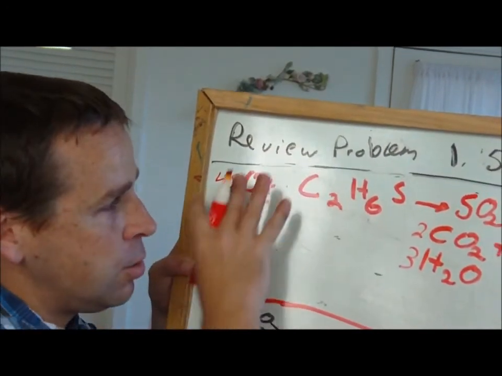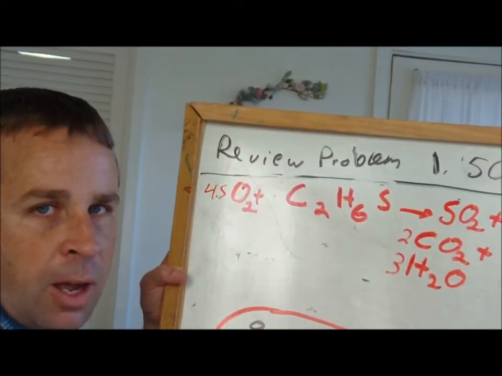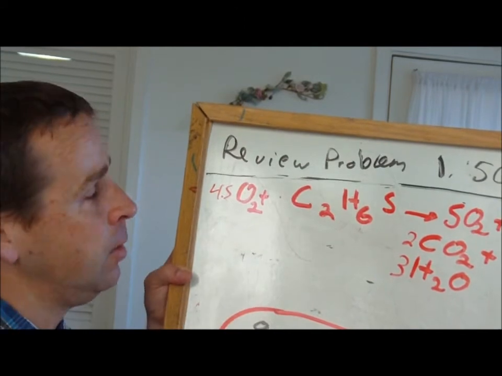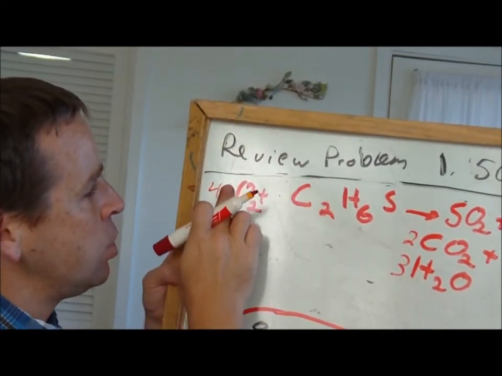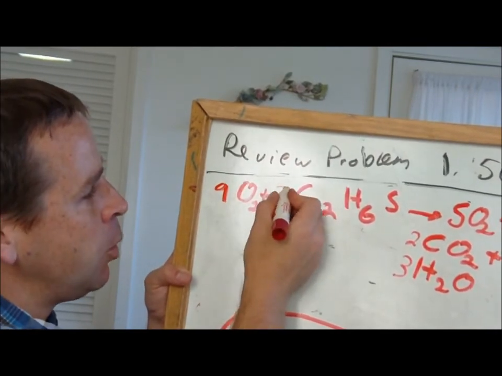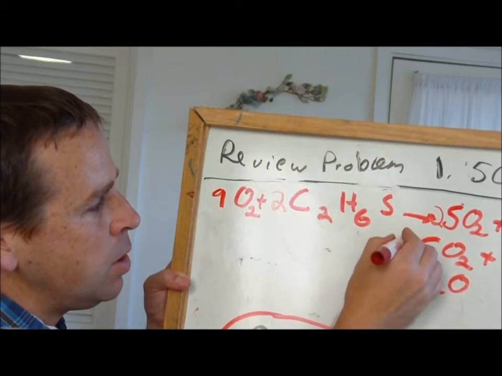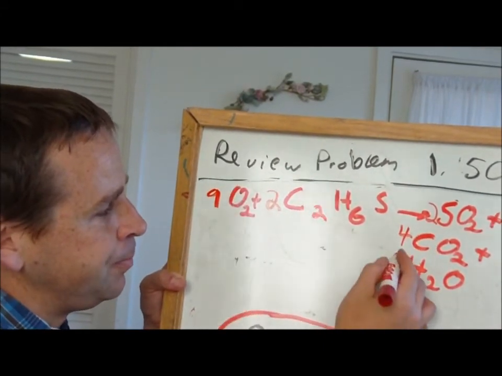That's that sentence translated into English, correct? But we don't want to have the 4.5 fraction in our final balanced equation. So we're going to multiply that by 2 to make it a whole number. Therefore, we're going to have to multiply this by 2, this by 2, and this by 2.